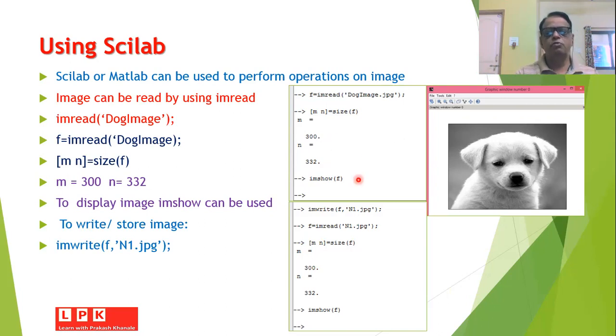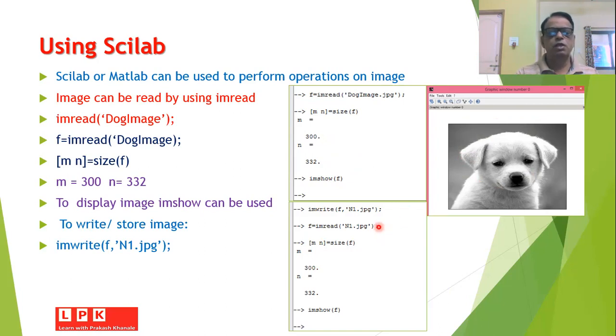If I want to show the image in a window, I can use the function imshow(f), and the image will be displayed in a separate window. It is possible to store the image in memory or on your hard disk.